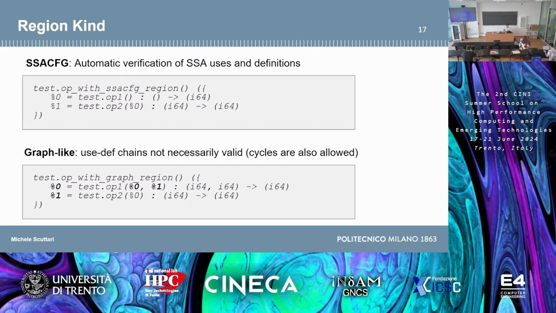Those graph-like regions allow freedom in reorderings. So you can express, for instance, parallel computations or computations that are not ordered. For instance, think of equations where the left-hand side and right-hand side of each equation are true all at the same time. They have no ordering, and those can have this kind of semantics.